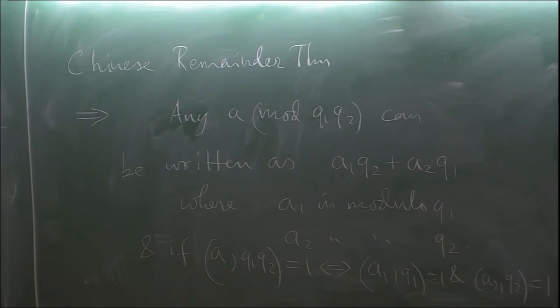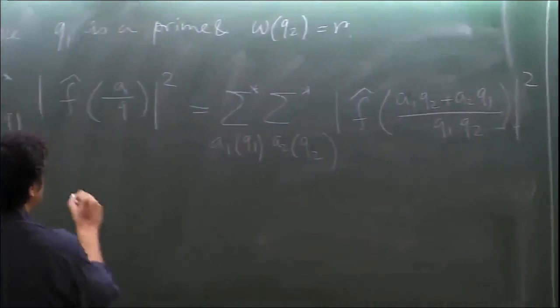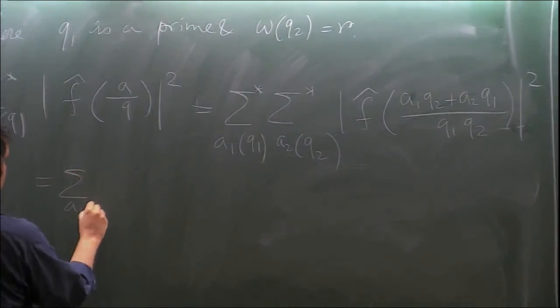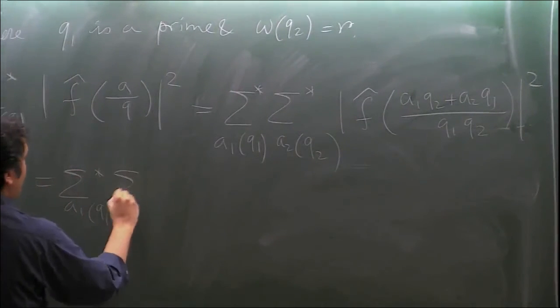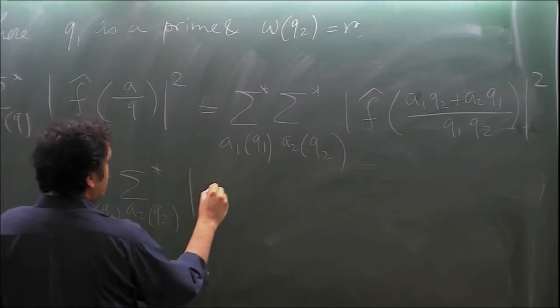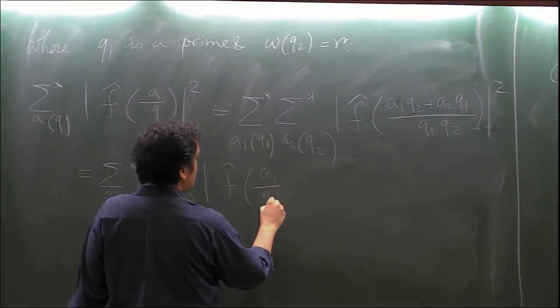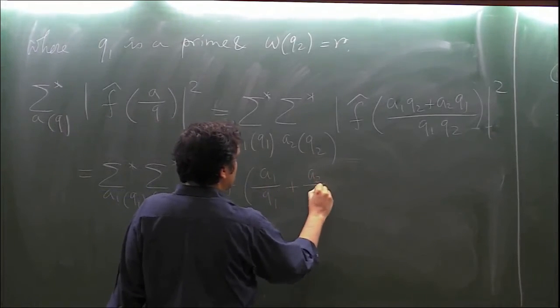Then F hat. So A is now A1 Q2 plus A2 Q1 divided by Q1 Q2. Then you have square. And this is F hat of A1 by Q1 plus A2 by Q2.